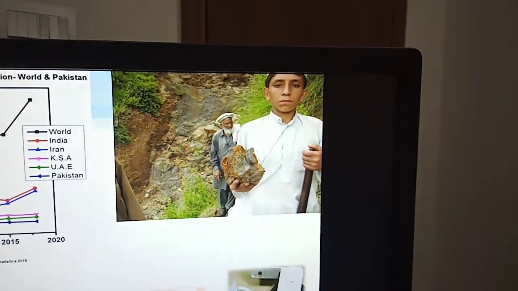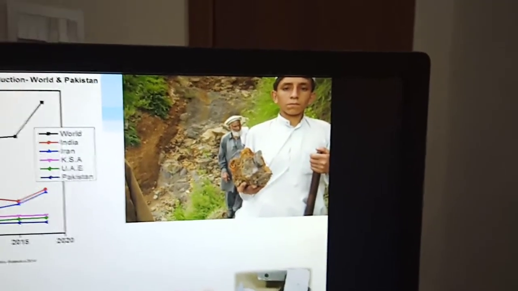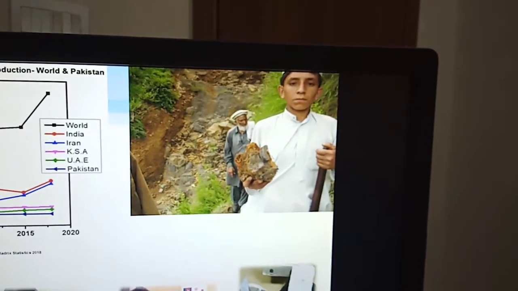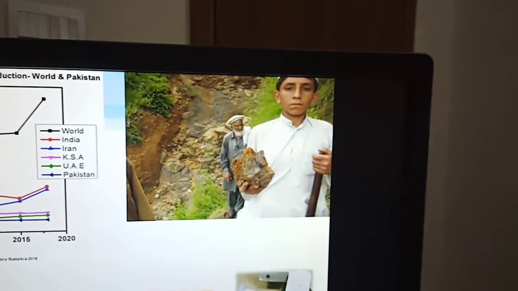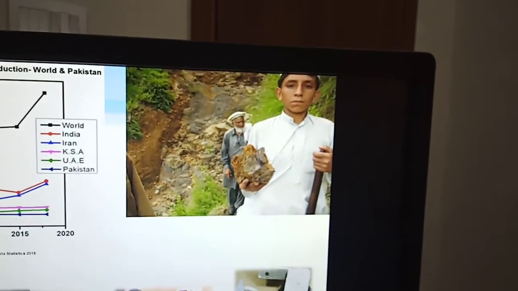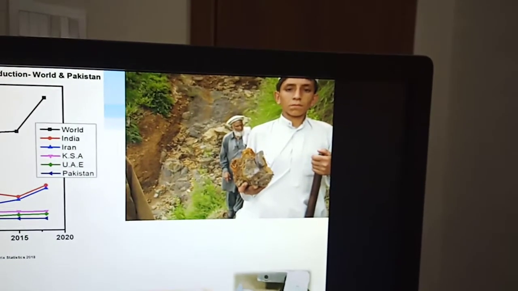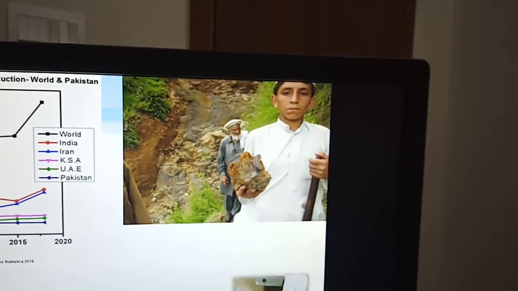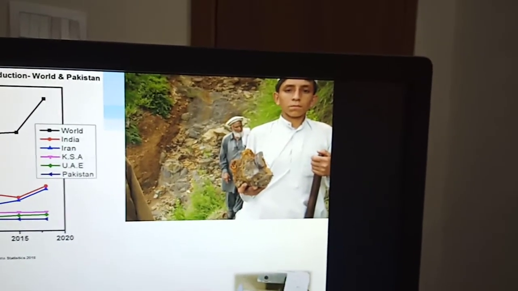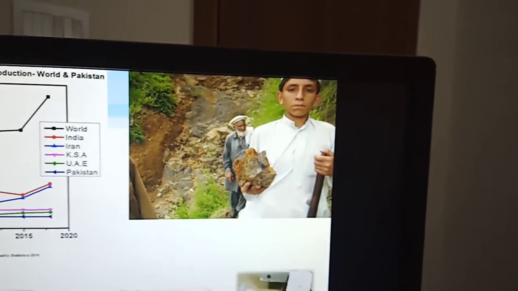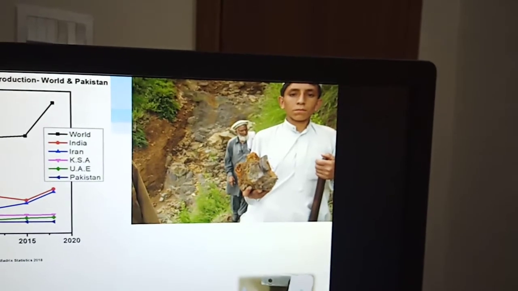So we have huge deposits of iron ore, and if we upgrade it and convert it into its products, this will result in the creation of a large number of job opportunities. This will result in a large number of business opportunities, and value addition will result in the betterment of the national economy.